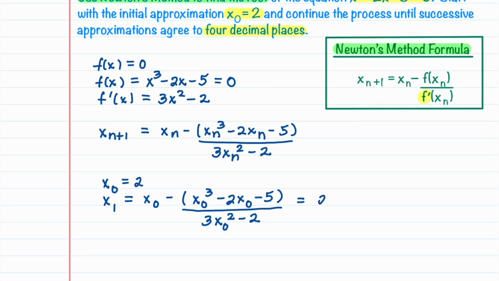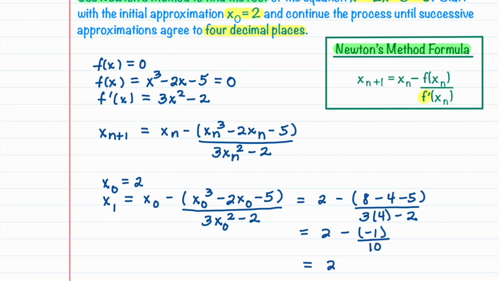This gives us 2 minus 2 cubed, which is 8, minus 2 times 2 is 4, minus 5, all divided by 3 times 2 squared, which is 4, minus 2. This gives us 2 minus a negative 1, all divided by 12 minus 2, which is 10. And this is then 2 plus 1 over 10. We'll write this in decimal form as 2.1.